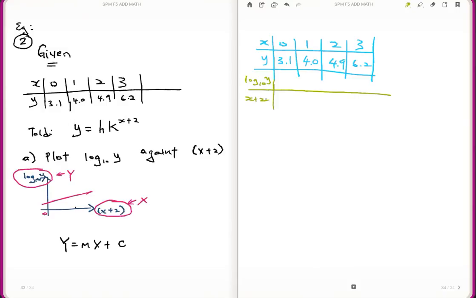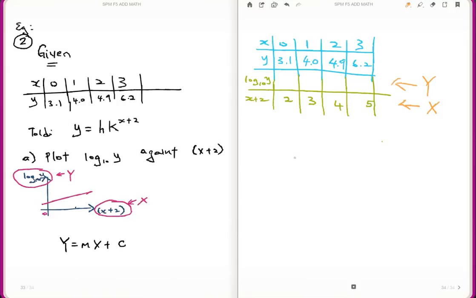So you expect 0 plus 2 is 2, 1 plus 2 is 3, 4, and 5, and so on. All these numbers represent capital X, and all these numbers represent capital Y.